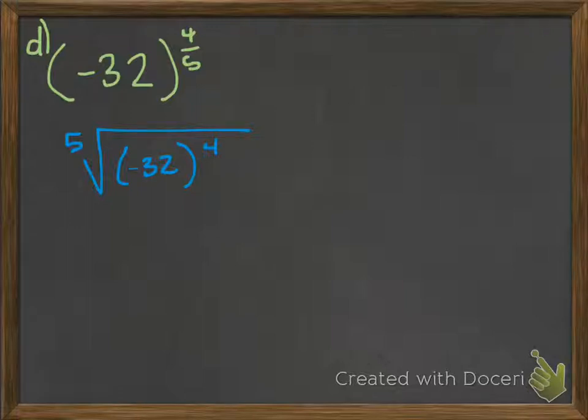So that actually is a negative 2. So the fifth root of negative 32 is a negative 2. But then I still have to raise that to the fourth power. So if I do negative 2 times negative 2 times negative 2 times negative 2, we get a positive 16. So there is our final answer for that problem.